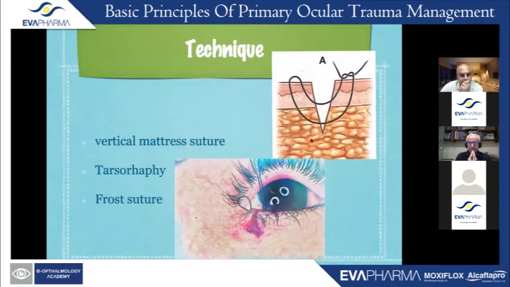Here's the vertical mattress suture. You can see it here in this marginal lid wound. I entered here from the far, then in the whole body of the tarsus. And to know that you are in the tarsus, enter the needle in the meibomian gland orifice. So now if you enter the needle from here in the meibomian gland orifice and go deep inside the body of the tarsus, and you come out in the margin, also in the meibomian gland, far.